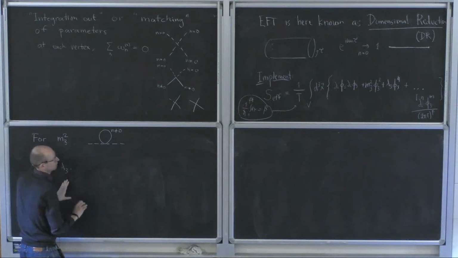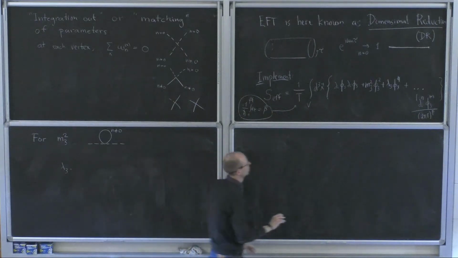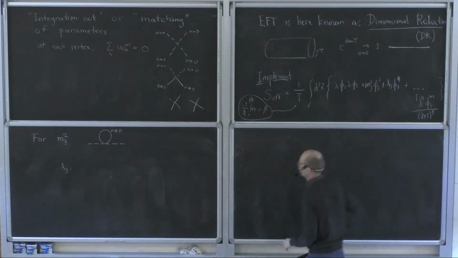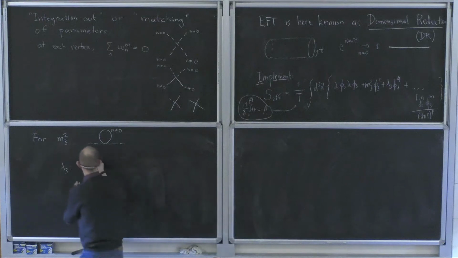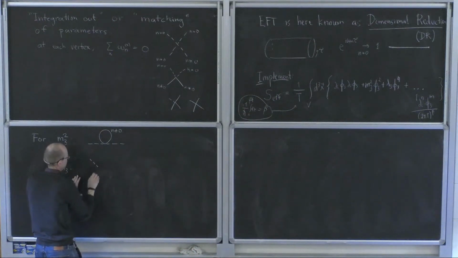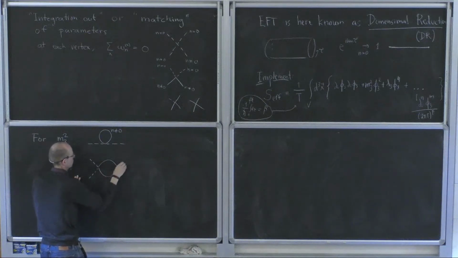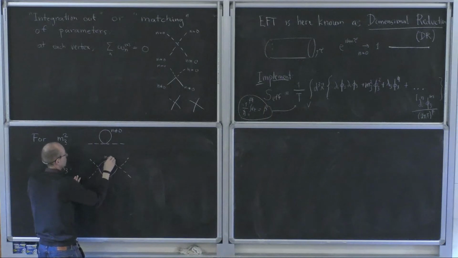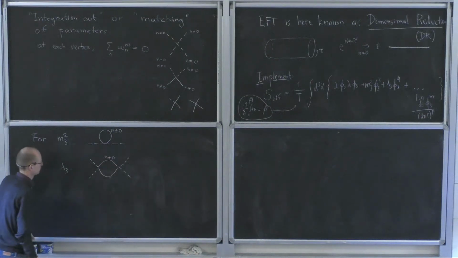For the lambda 3, it's a 4-point function. So I would take, for instance, a diagram like this, like a loop.